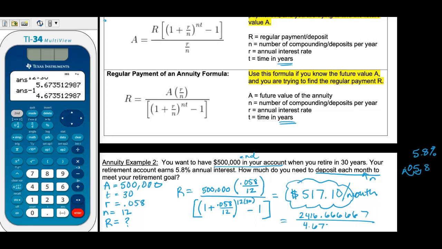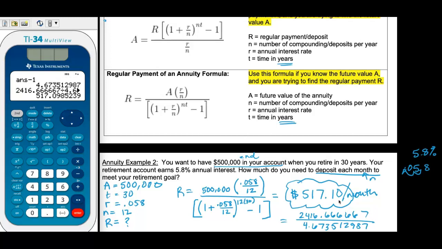I'm going to try not to round because it'll keep my answer more exact. And then I'm going to divide these two numbers. So 2416.666667 divided by 4.673512987. And I get the same amount of money that I got before.